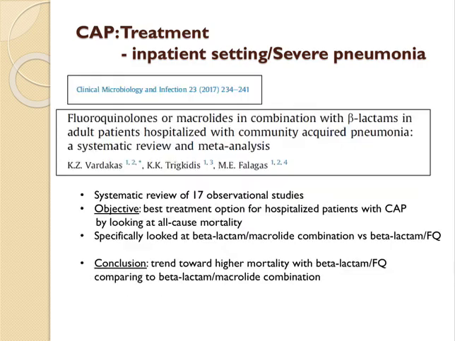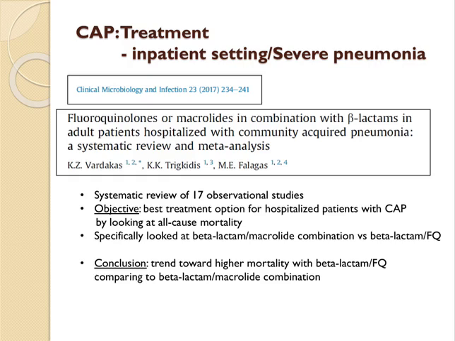And here is another study which was published in Clinical Microbiology and Infection back in 2017. Again, this was a systematic review of 17 observational studies. The objective of this study was to study a best treatment option for hospitalized patients with community-acquired pneumonia by looking at all-cause mortality.